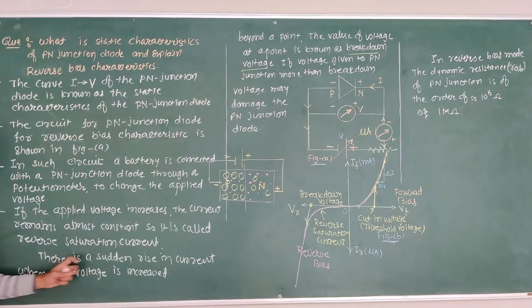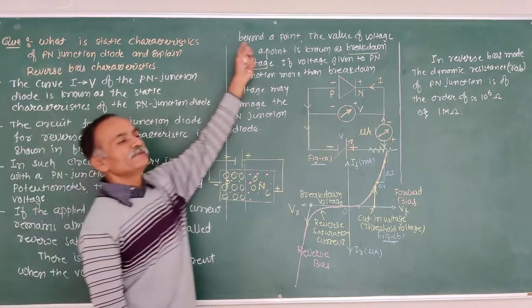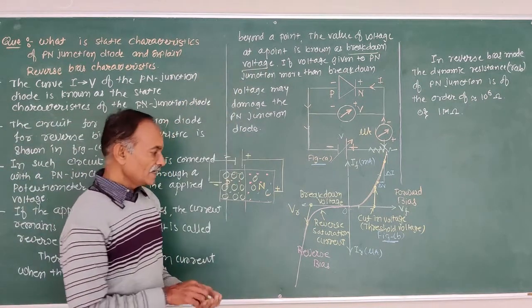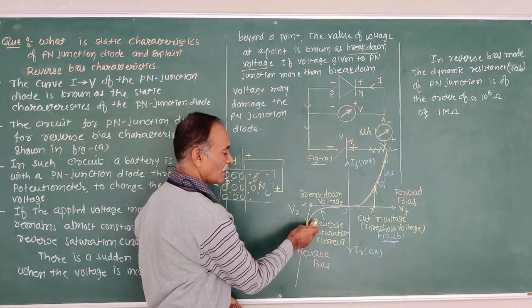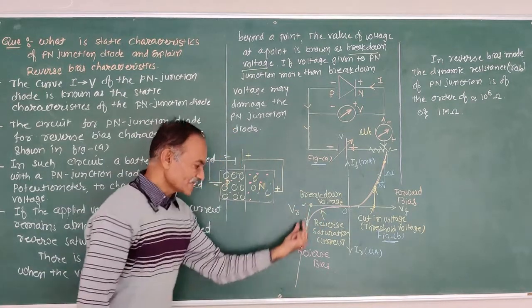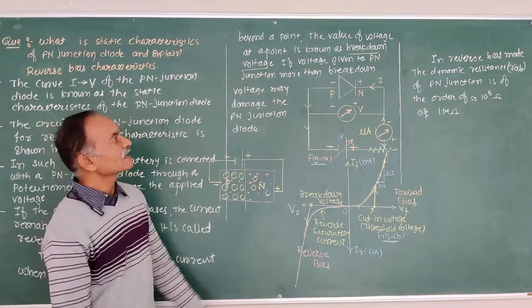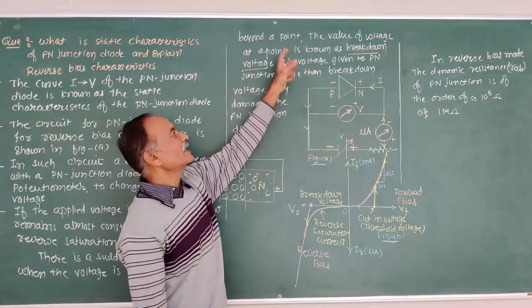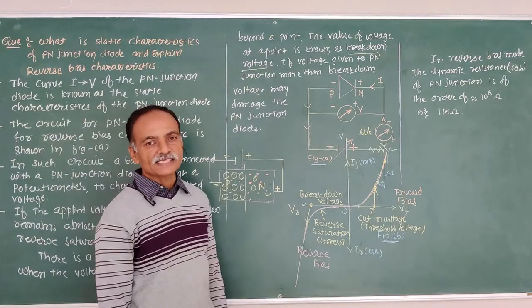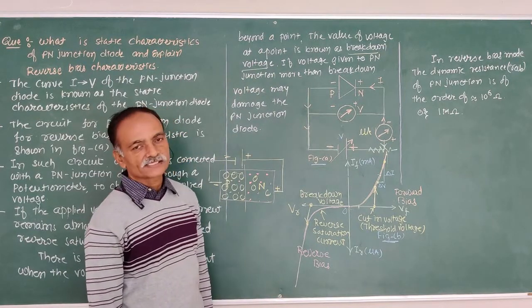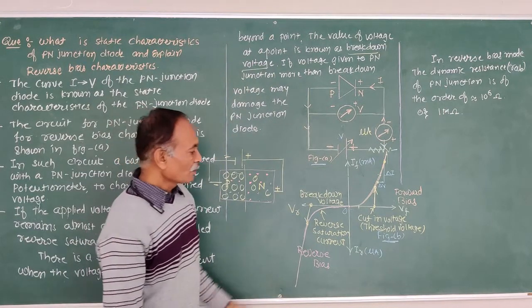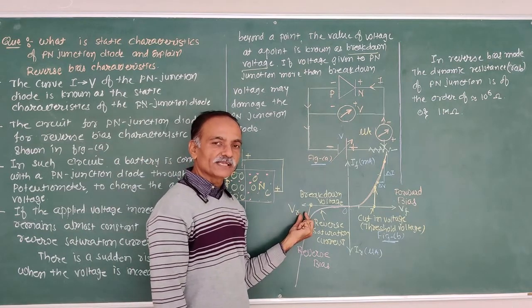There is a sudden rise in the current when the voltage is increased beyond a point. As we further increase the voltage beyond this point, a sudden rise takes place in the current. The value of the voltage at this point is known as the breakdown voltage.